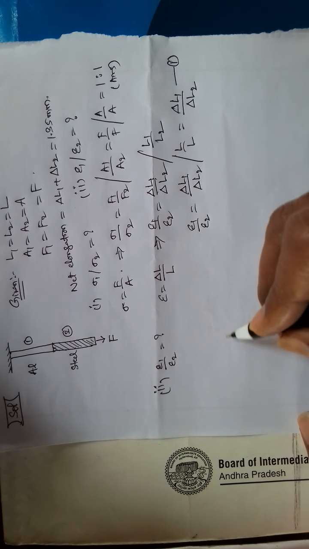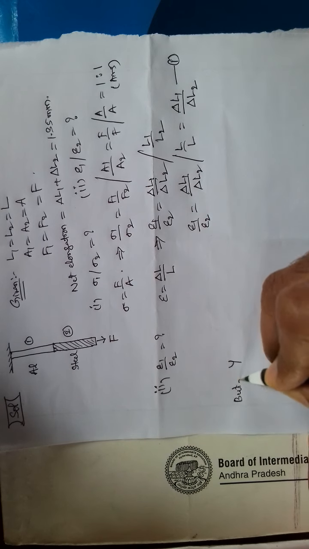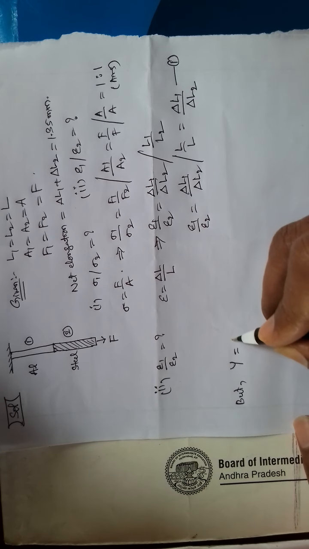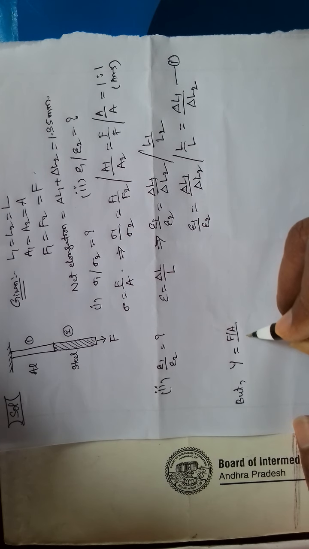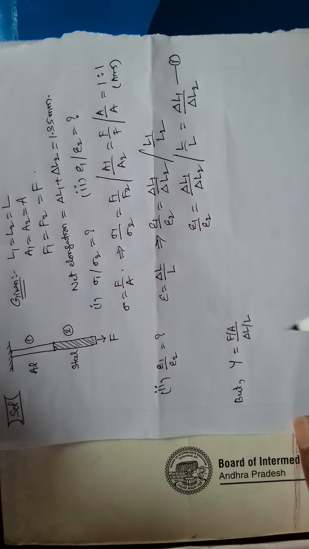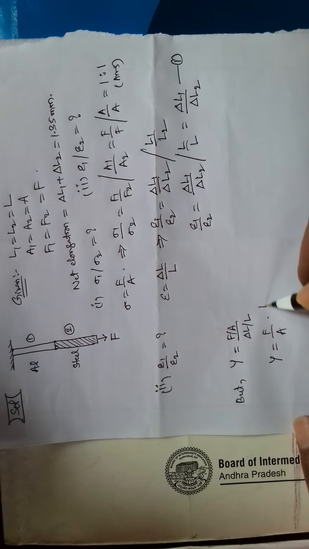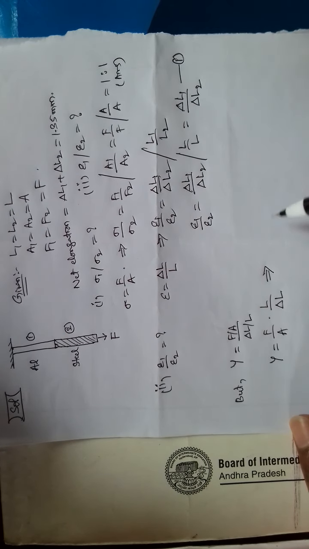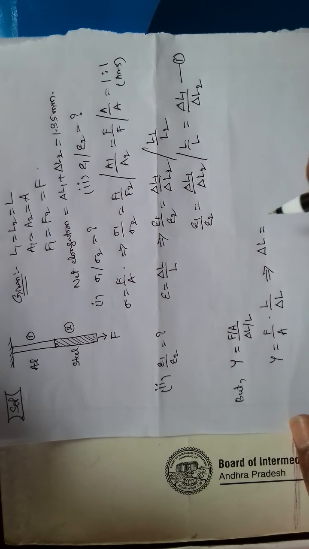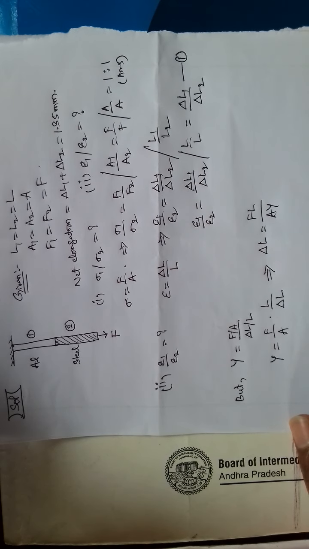Now let us write the formula for Young's modulus. Y is equal to stress by strain, or this can be written as F by A into L by delta L. From this you can write delta L is equal to FL by AY.